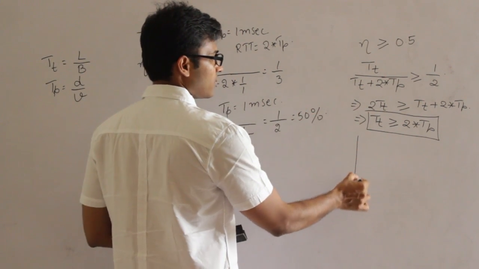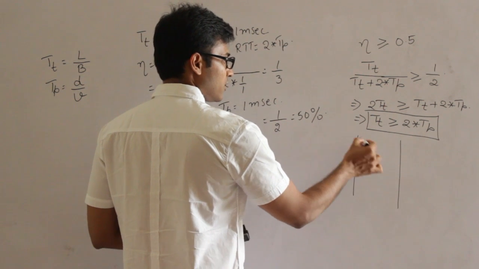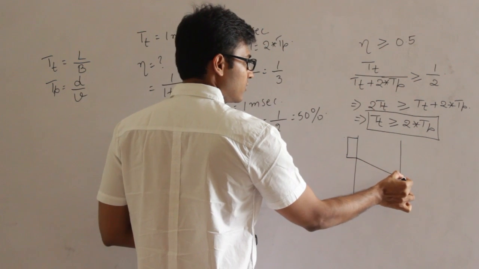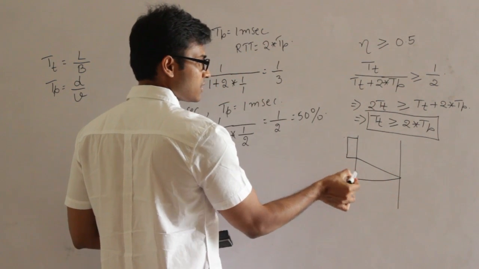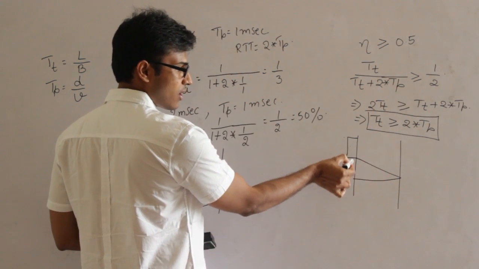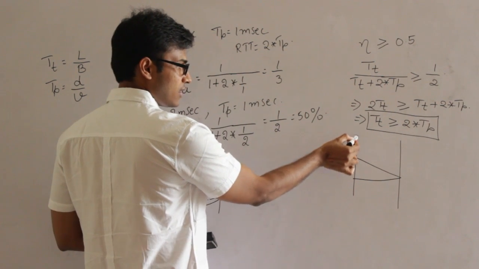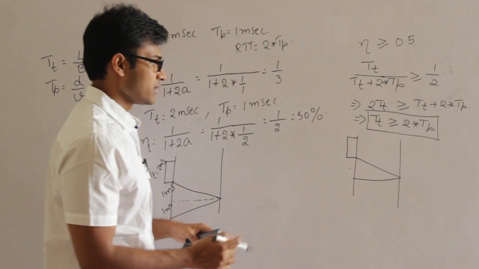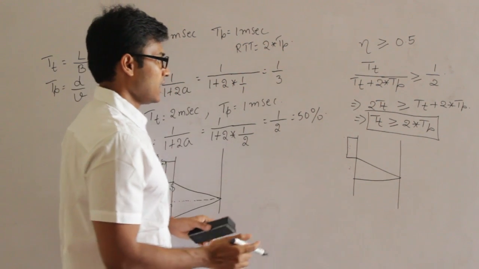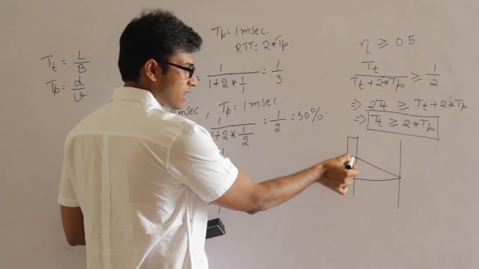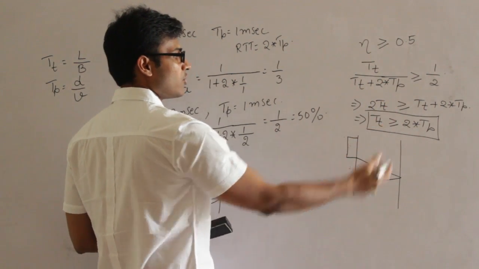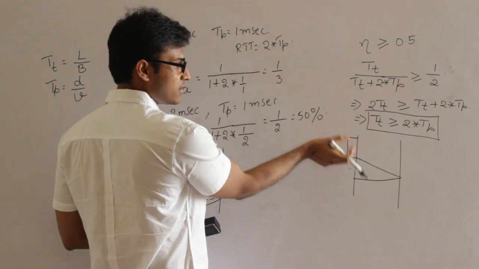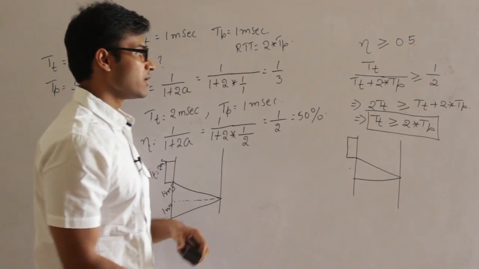So what they mean is, if your transmission delay is equal to 2 into TP, which means if these two delays are equal, then we can say that almost half of the time we are transmitting, therefore efficiency is 50%, right? And in case this transmission delay is greater, then the efficiency will be more than 50%. It all depends on the transmission time. If we increase the transmission time, then the efficiency is going to be increased, right?